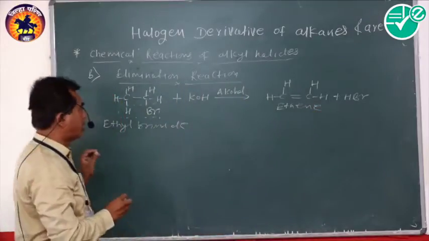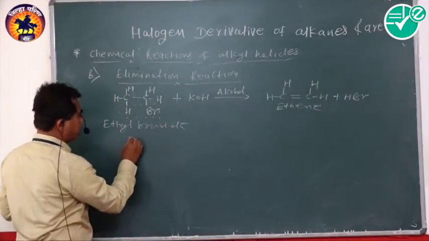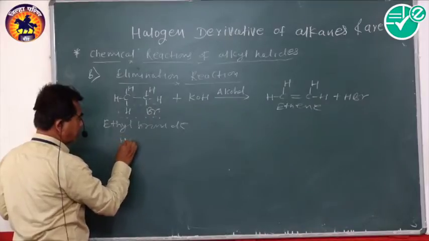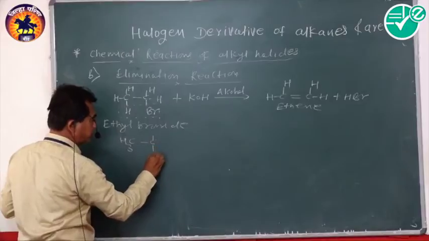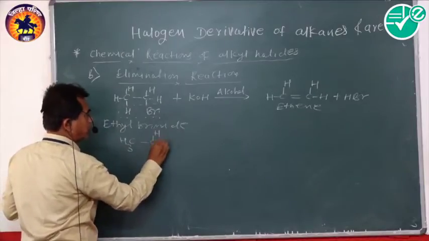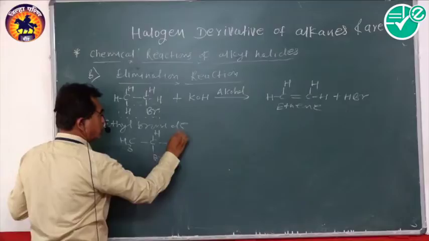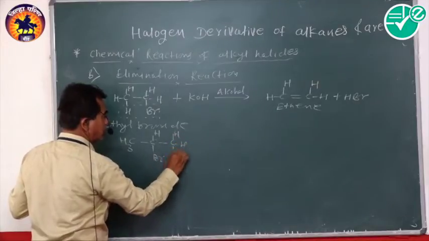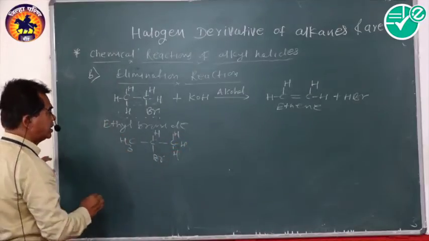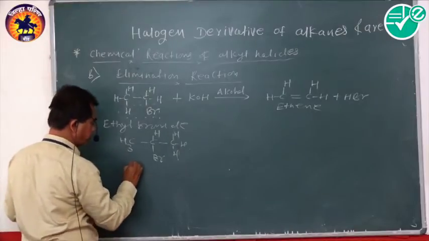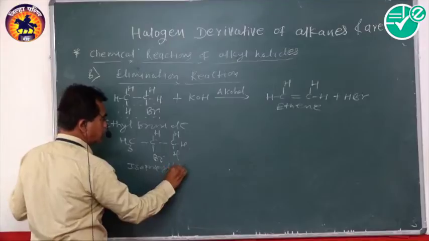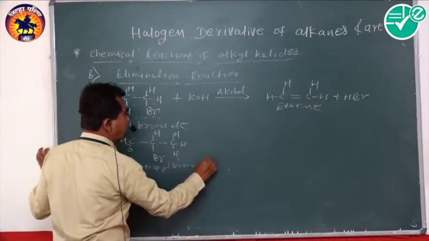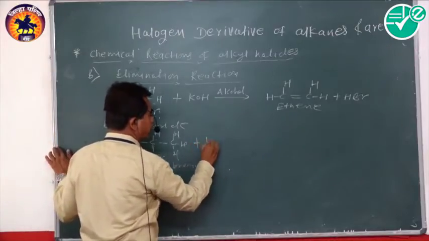Similarly, we take another example. Suppose we take another alkyl halide, isopropyl bromide, and react it with alcoholic KOH.